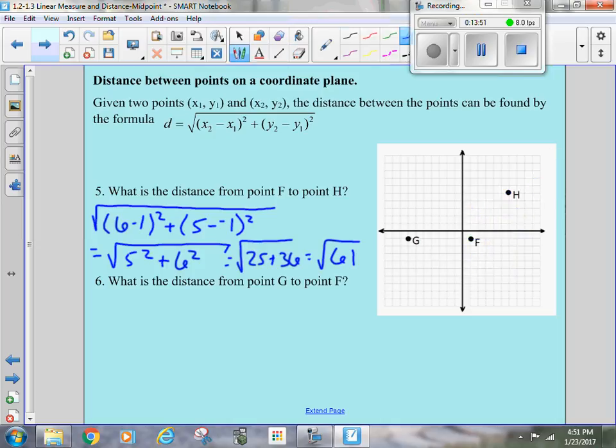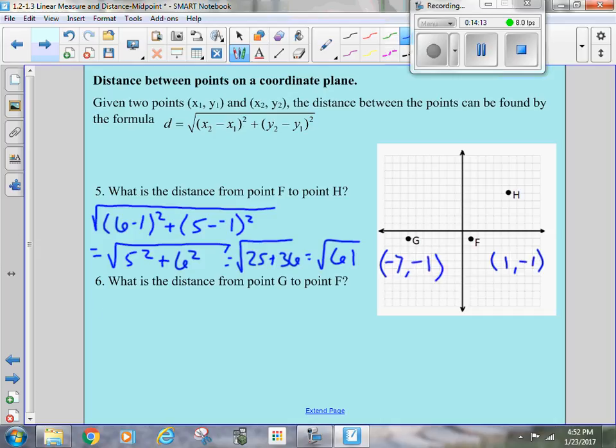Now we want to find the distance from point G to point F. So point F, we said, was at 1, -1, and G is at -7, -1.